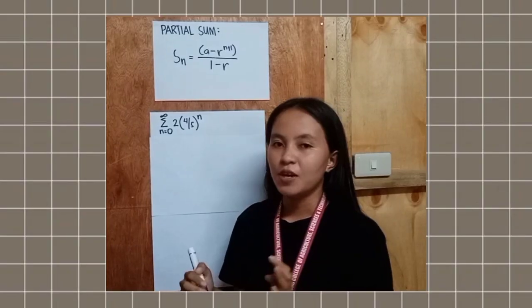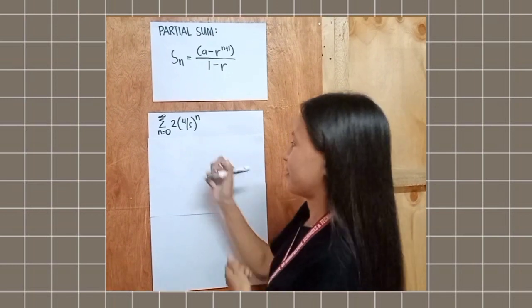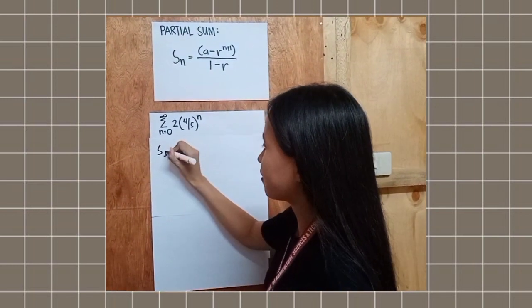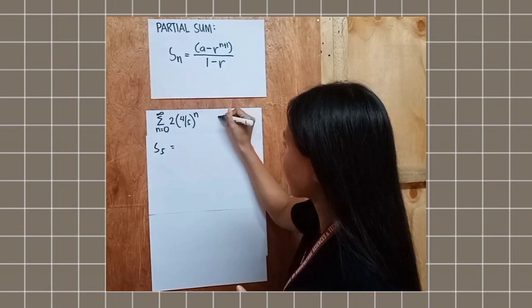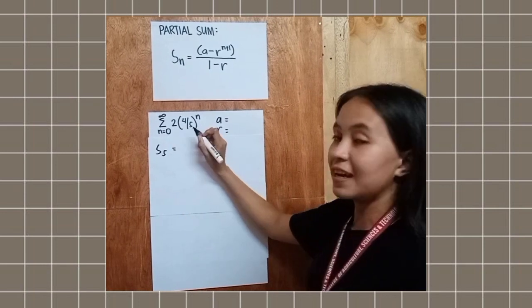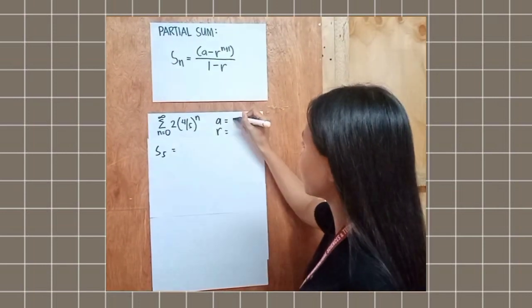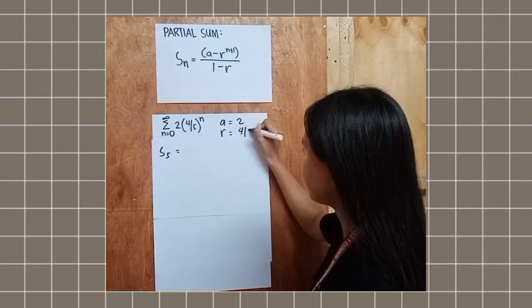So our S sub 2 is equal to 7.44. Next example, we will find S sub 5. But before that, let's first find what is our A and what is our R. Just like before, our A is equal to 2 and our R is equal to 4 over 5.